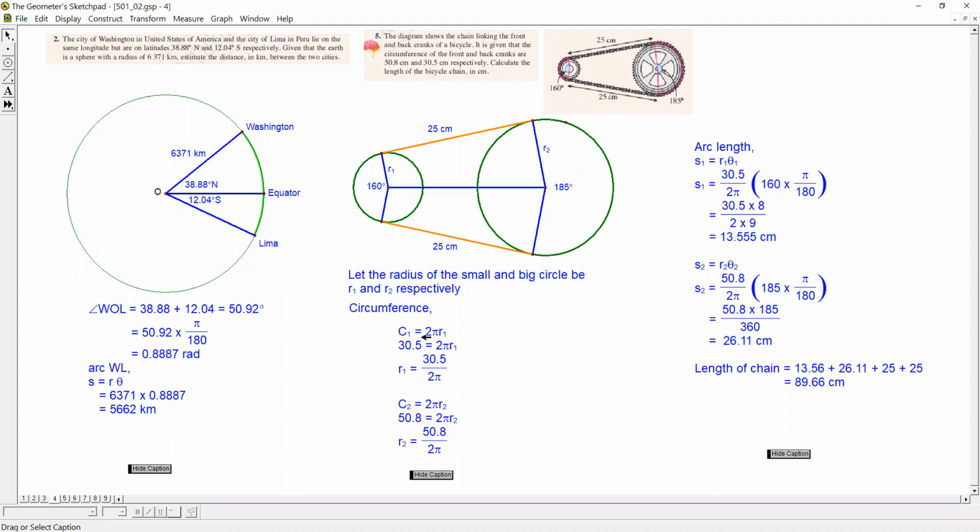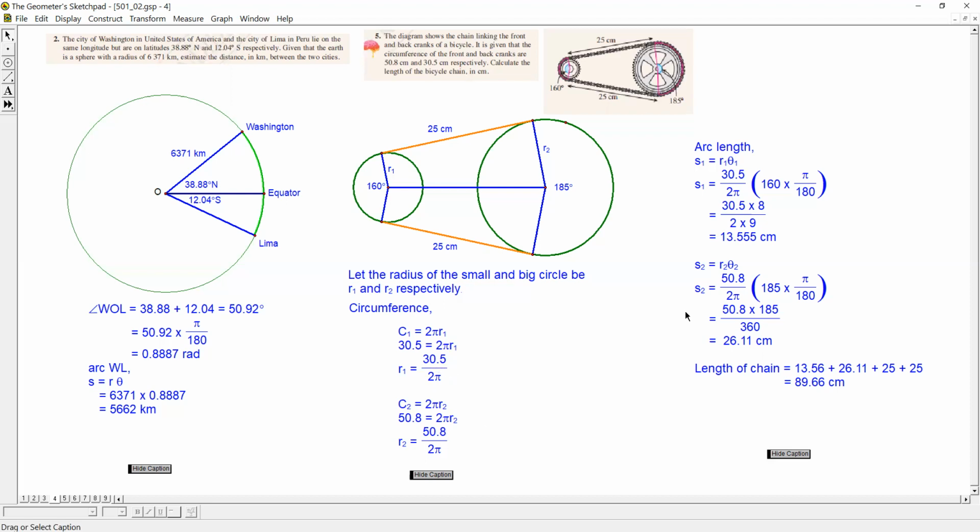From the circumference, you can find the radius of the small circle and the big circle. However, don't calculate this number into a decimal. If you make it into a decimal, the answer is not accurate, and if you put this inaccurate answer in and calculate again, it becomes more inaccurate. So just leave it in this form.